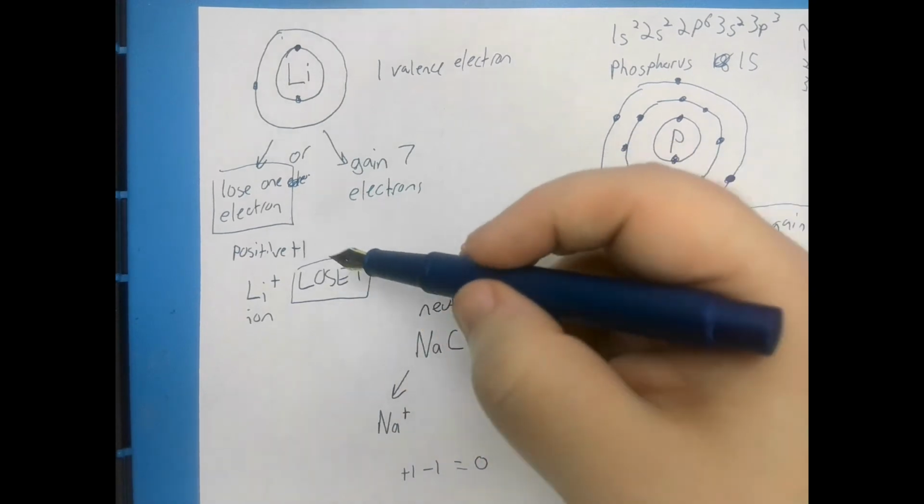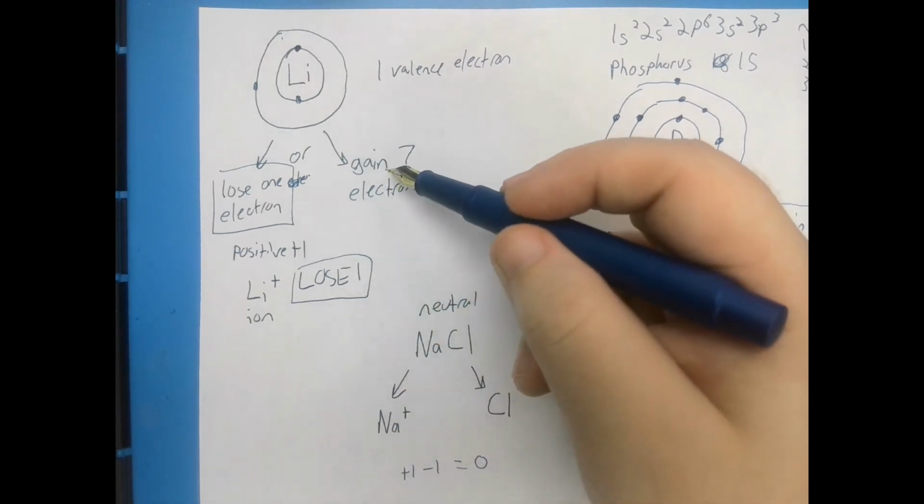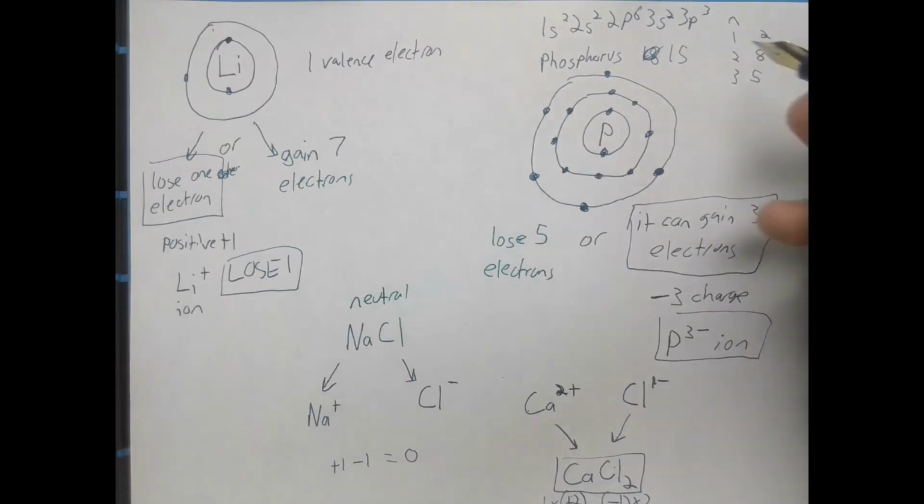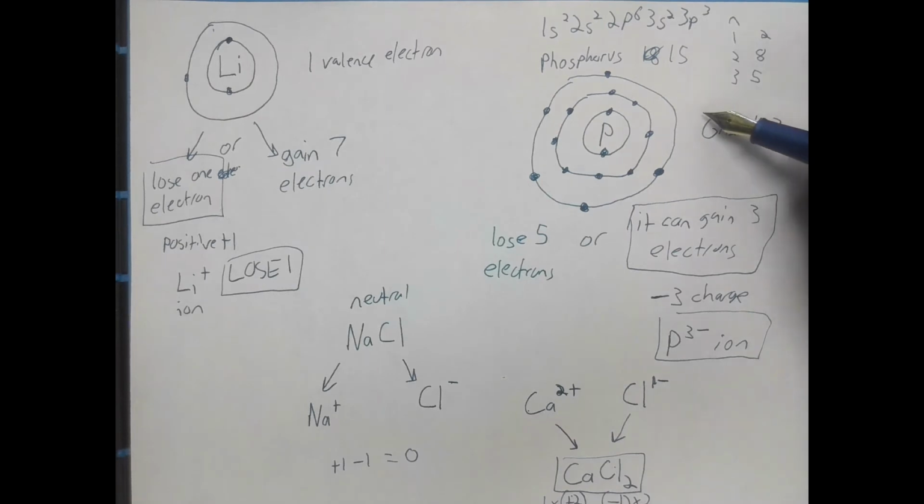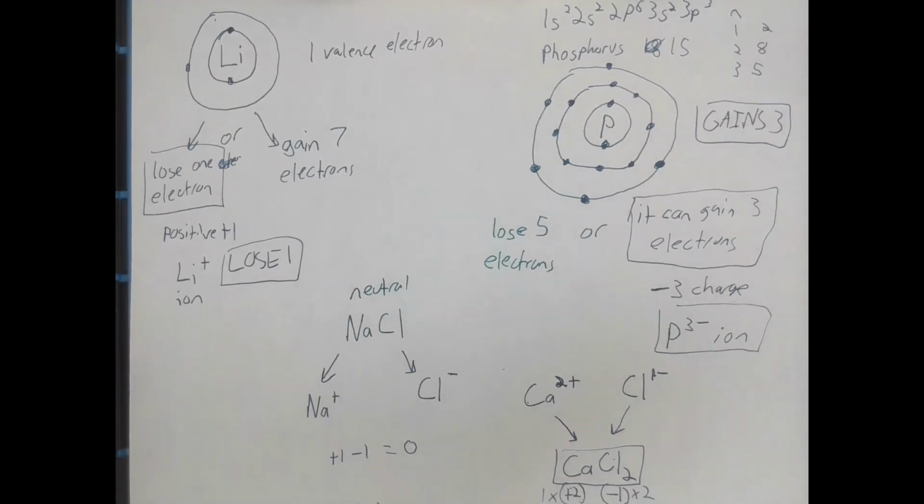The question asks how many electrons it loses or gains. So look at phosphorus. Phosphorus gains 3. That's what you would write for phosphorus.